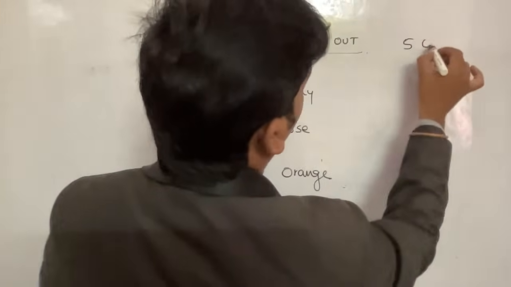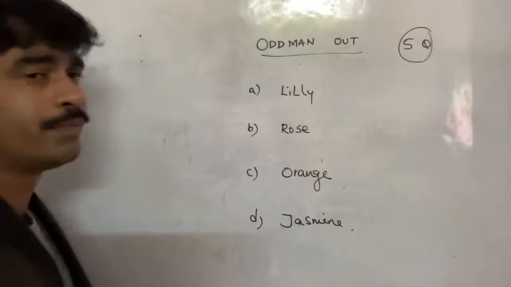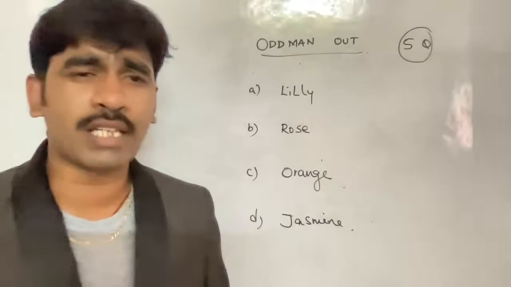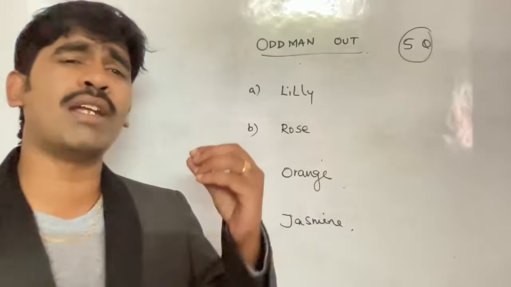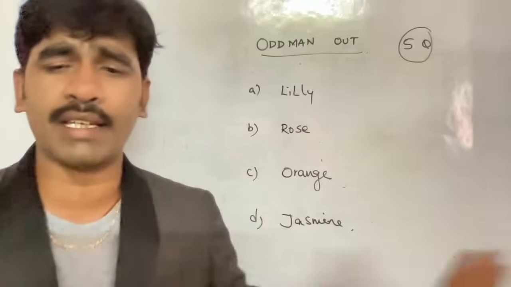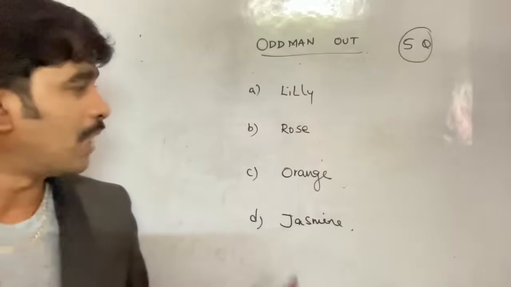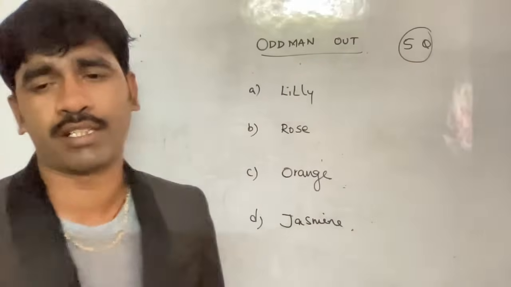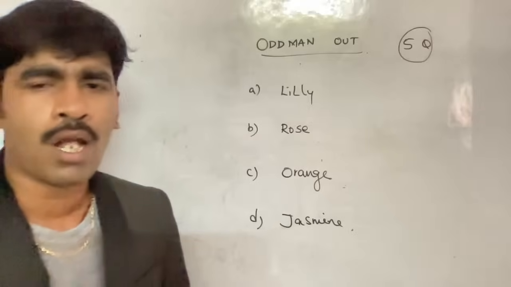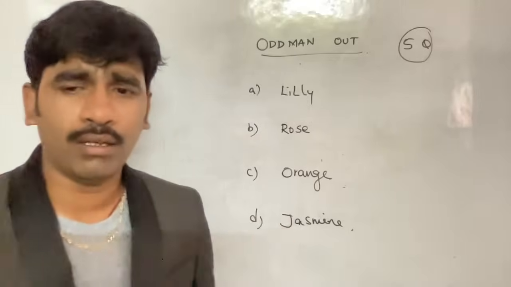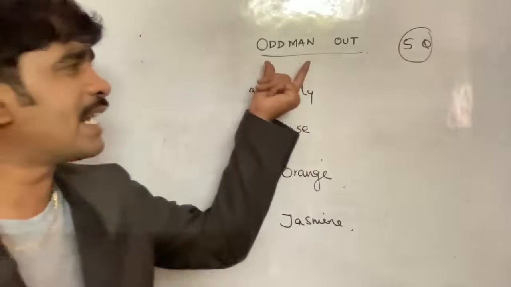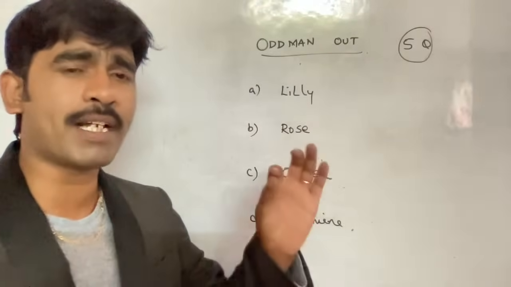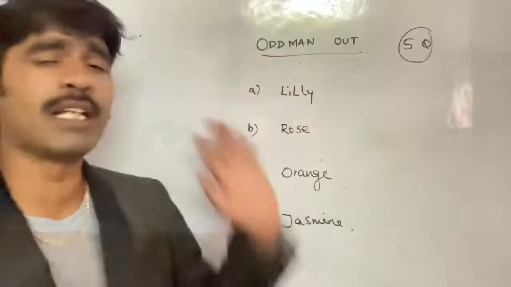From odd man out we get 5 questions in the exam. In the exam, from analogy we get 10 questions. Very easy module. Anybody who prepares a little more can easily solve it. Odd man out is also very simple. The name itself indicates it. Odd man out is nothing but picking the element which is different from the given ones.